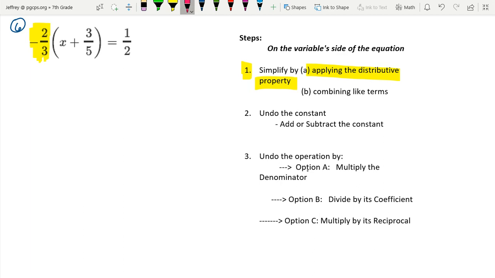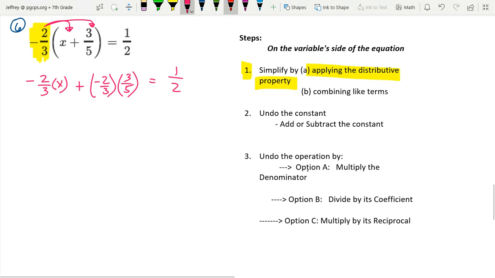So what we need to do is multiply negative 2/3 into x and negative 2/3 into 3/5. So it's going to look like negative 2/3 times x plus negative 2/3 times 3/5 is equal to 1/2. Now, there's a lot of ways to do this, so hopefully you know what to do.